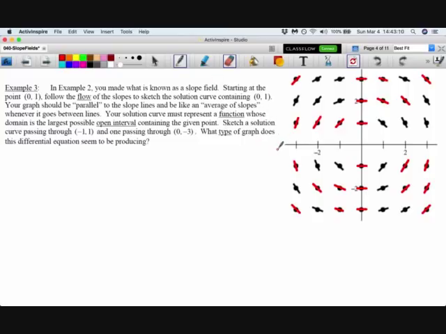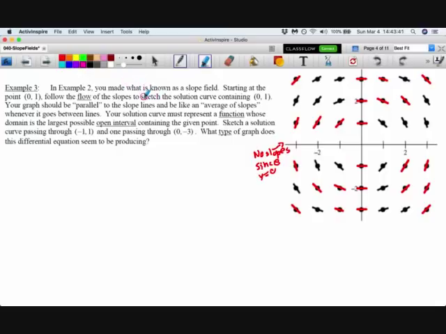Again, I want to emphasize that right here, there's no slopes since y equals 0. That's the line y equals 0, the x-axis. Now, if I want to sketch solution curves containing 0, 1, actually I want to use this in a different color, and obviously I wasn't circling it right anyway.